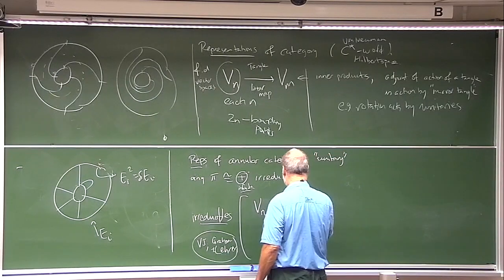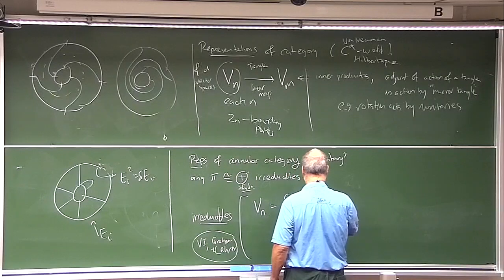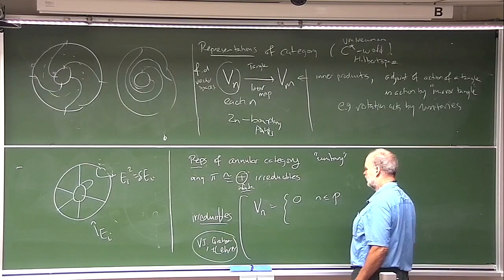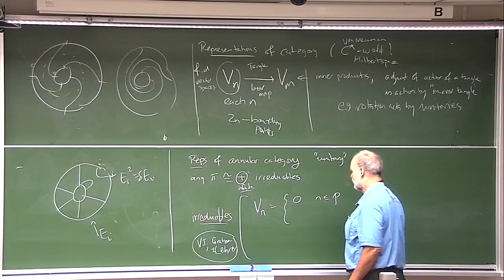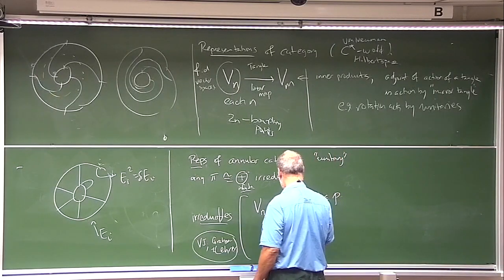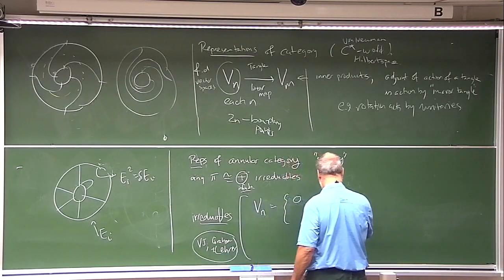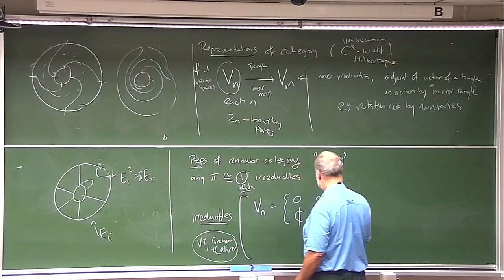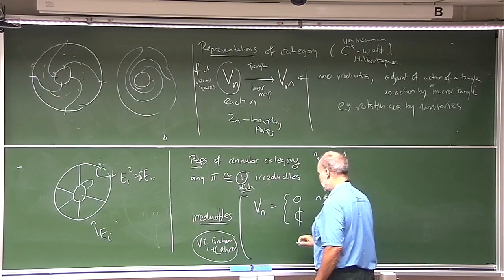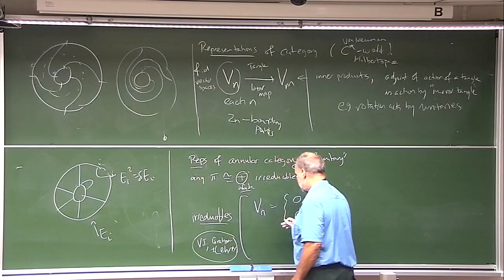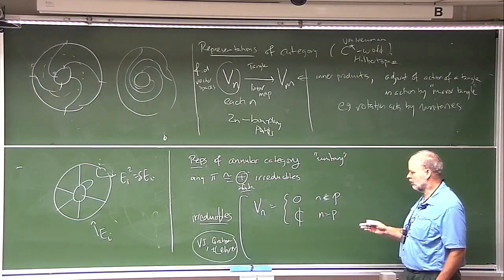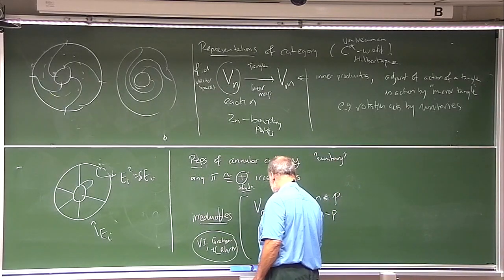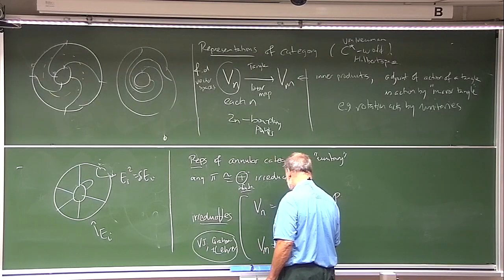You find that V_n has to be 0 for n less than p. That's the main thing. And V_n is just one-dimensional for n equals p, and that's it. Since it's irreducible, all of the higher V's, so let's write this, V_m equals linear span.